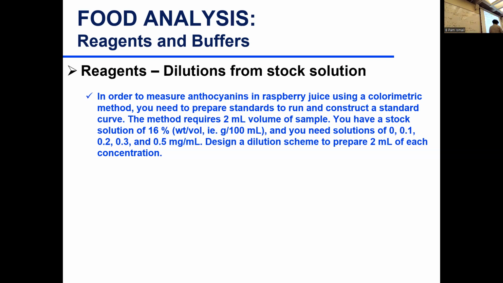Then I do again, concentration by volume, I have my 1.6 milligrams per milliliter. How much I need of that stock solution in volume. And I want 0.1 milligrams per ml in 2 ml. So now I get my second level dilution.